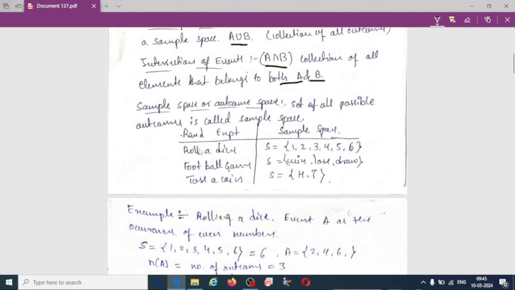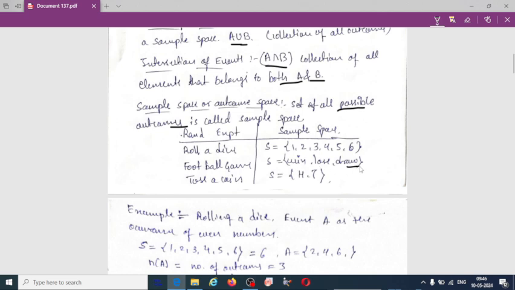Let us take some examples. Random experiment: rolling a dice. What is the sample space? All possible outcomes. Here all possible outcomes for rolling a dice are 6: 1, 2, 3, 4, 5, 6. For a football game, all possible outcomes will be win, loss or draw.